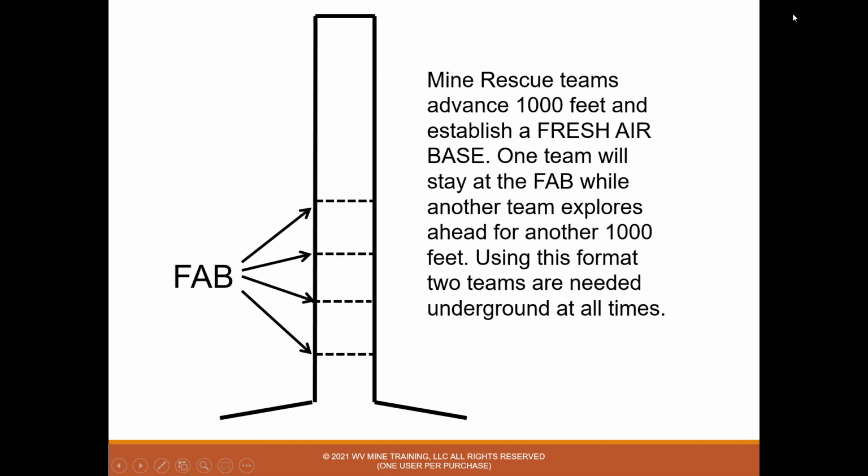So what we do, if we do have a mine explosion, is we start from the portal and we go 1,000 feet and make sure that 1,000 feet is safe. And then you can see my pointer here. At this point, we will establish a fresh air base. So there'll be one mine rescue team at the fresh air base, and there'll be another team under apparatus exploring ahead for another 1,000 feet.